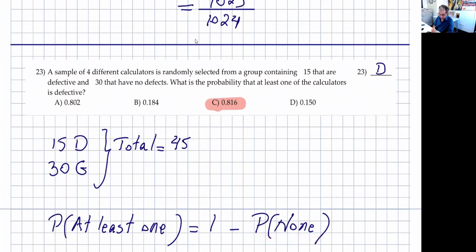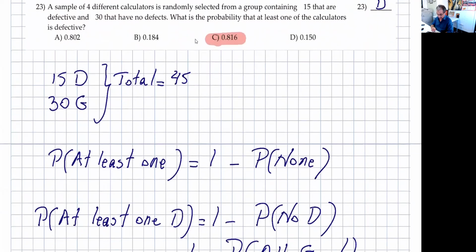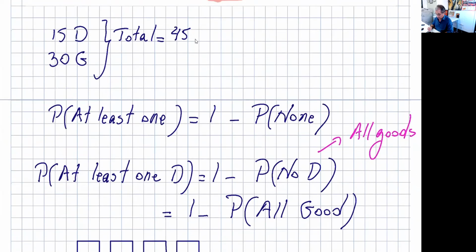So what I did, I put 15 defectives and 30 good. So at least 1 is 1 minus none, or 1 minus all goods.